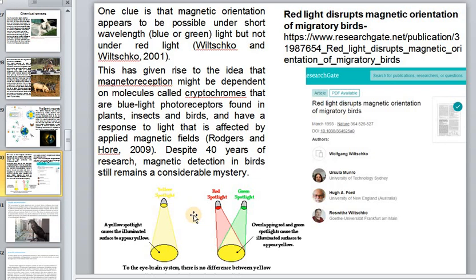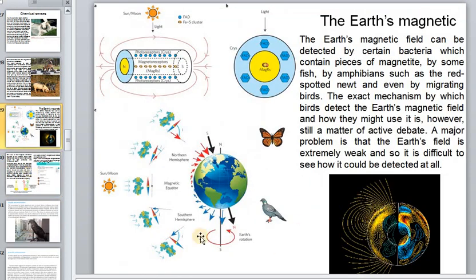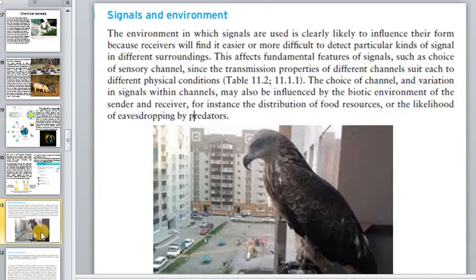Despite 40 years of research, magnetic detection in birds still remains a considerable mystery. And here I just leave the links to this article on how some birds can feel this magnetic orientation.